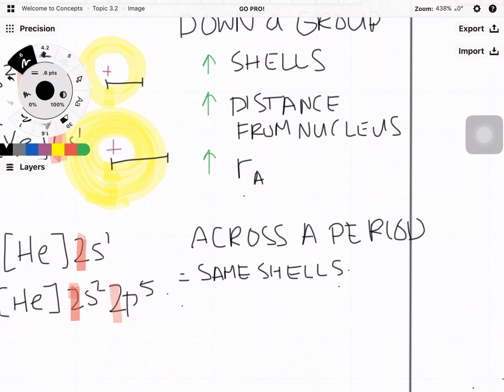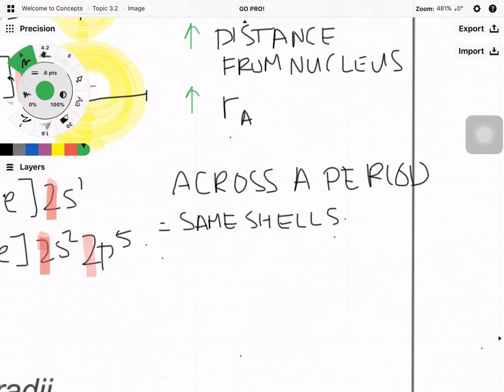Okay? However, as we go across from left to right, hopefully you'll remember that we have more protons. So each new element, lithium, beryllium, boron, carbon, has a greater number of protons in the nucleus.